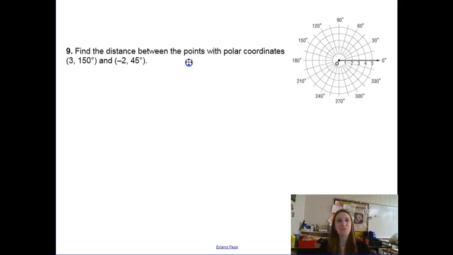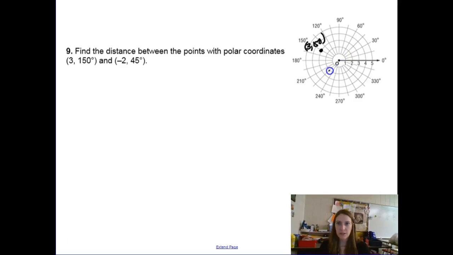And this question, find the distance between the points with these polar coordinates. So remember you had that weird funky formula, and we just decided to graph these when we were doing these questions. So 150, 1, 2, 3. And then 45, which is right here, but then backing up -2.